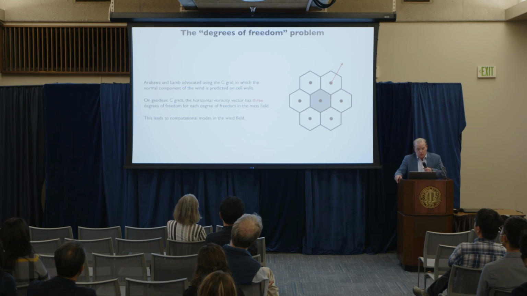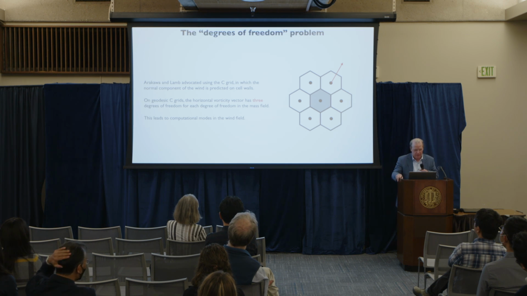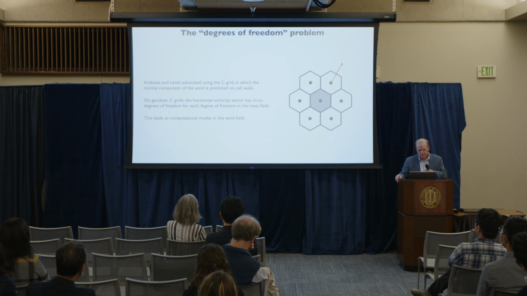So on this geodesic grid that we've selected, there's a problem which John Thuburn didn't really mention this morning. He kind of touched on it quickly, but there's something that I call the degrees of freedom problem. So Arakawa and Lamb in that book chapter advocated using the C-grid, which we've heard about earlier today.